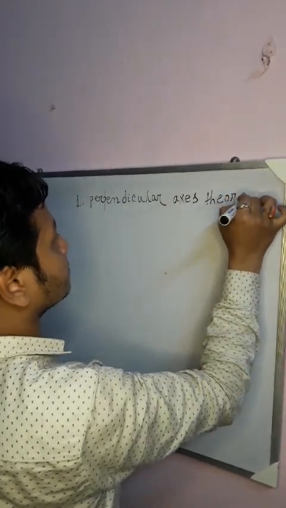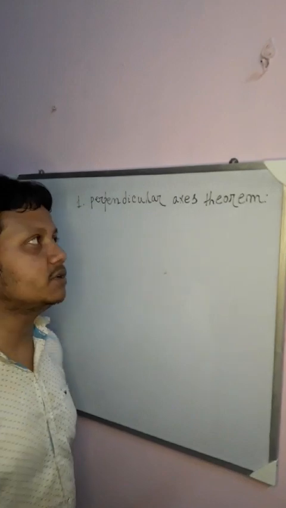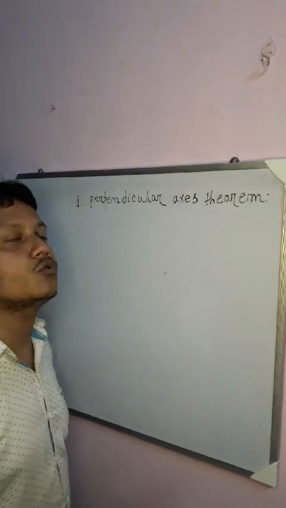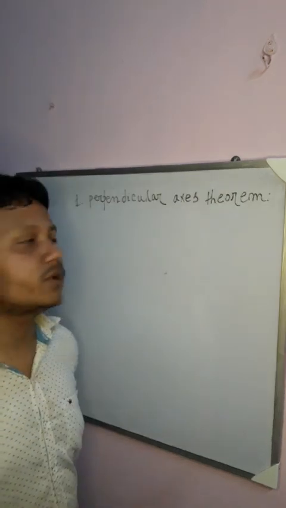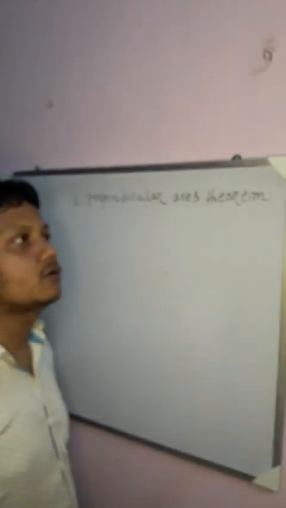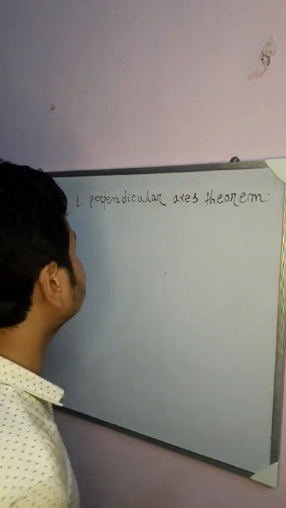We are going to discuss this theorem first, because later we have to find the moment of inertia of different geometrical objects, and before doing that we must know two theorems: the perpendicular axis theorem and the parallel axis theorem. So let us understand this.